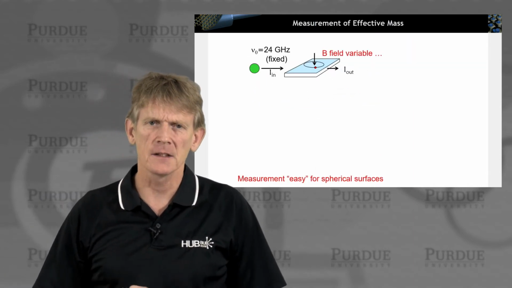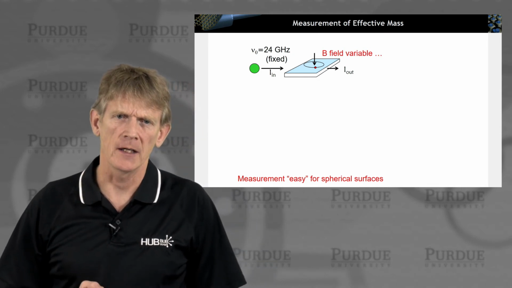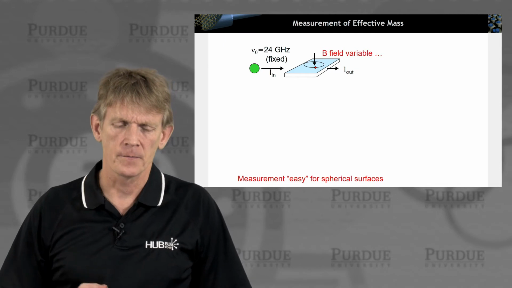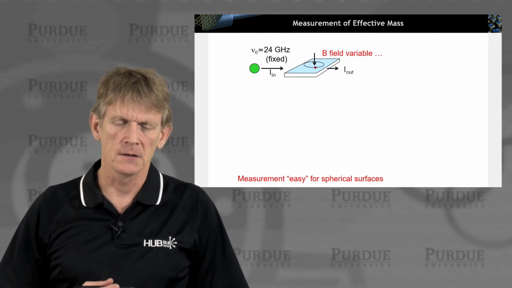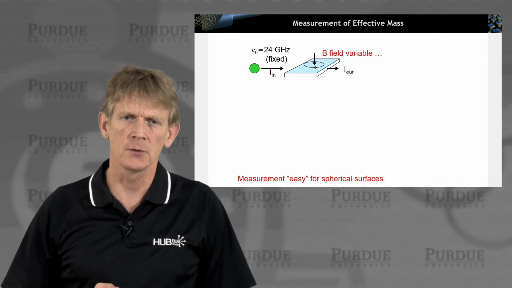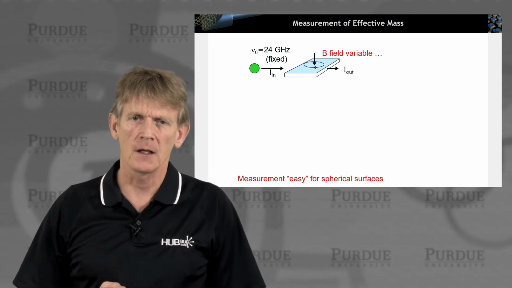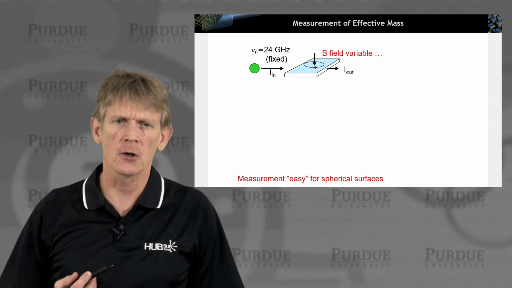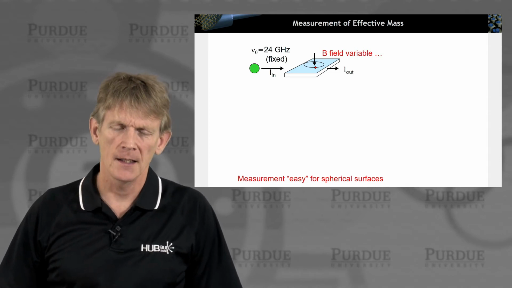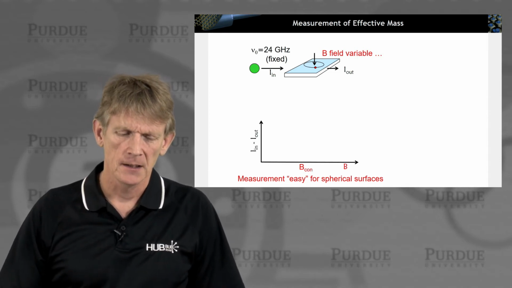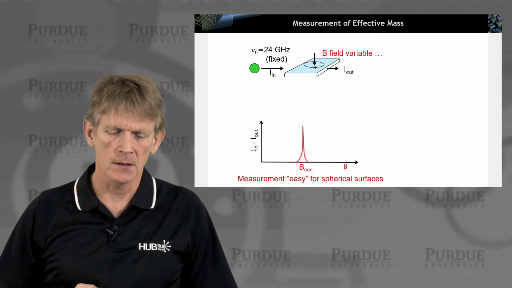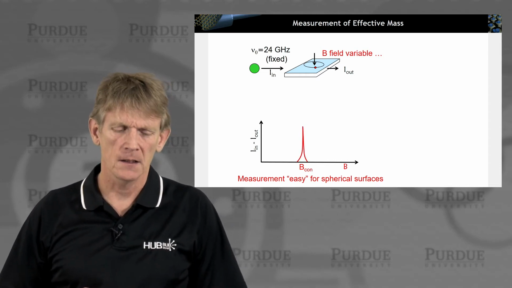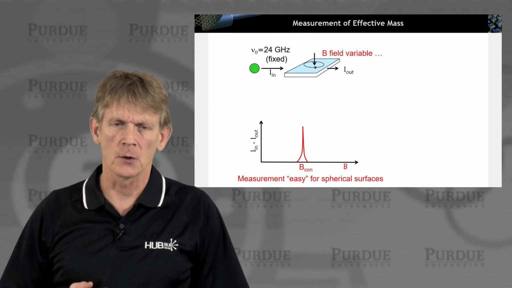That really leads us to the measurement of the effective mass. What you do is you shine an RF current into the material. You apply a magnetic field in a specific direction, and you measure the current that comes out. As you measure the system at some specific magnetic field, you find a lot of absorption.